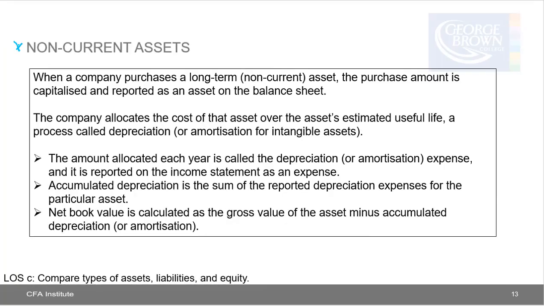So a little bit more information regarding non-current assets. When a company purchases a long-term asset, a non-current asset, the purchase amount is capitalized. That means it shows up on the balance sheet and is reported as an asset on the balance sheet. So I'm going to use an example of buying a truck for 100,000 Canadian dollars, and I estimate that I'm going to use that truck for 5 years, and I estimate that after I've used that delivery truck for 5 years, it's going to have no salvage value, okay?